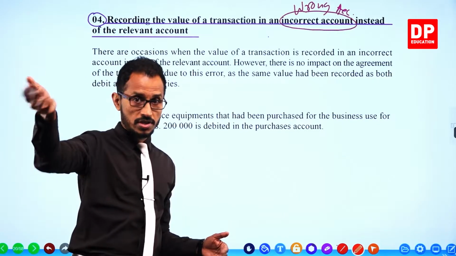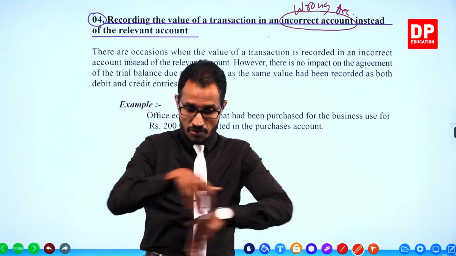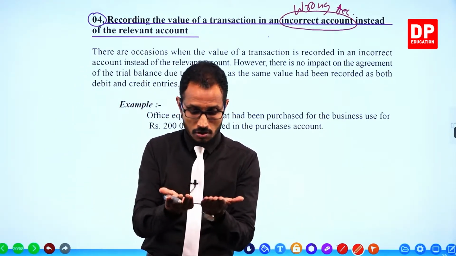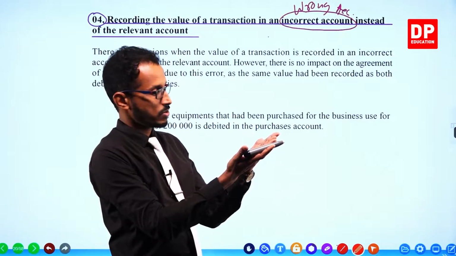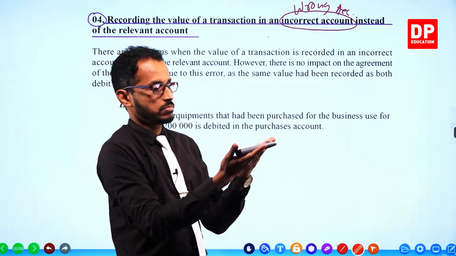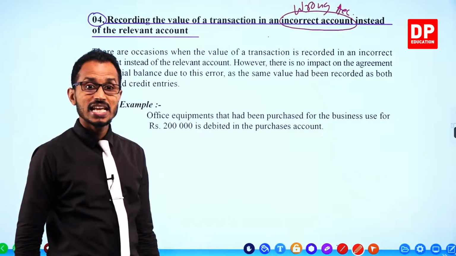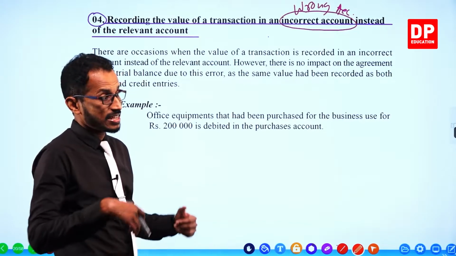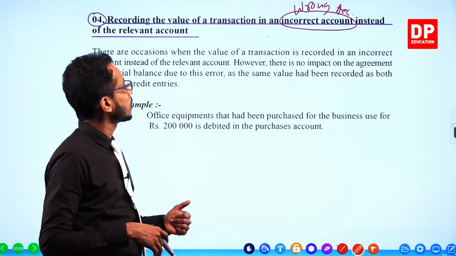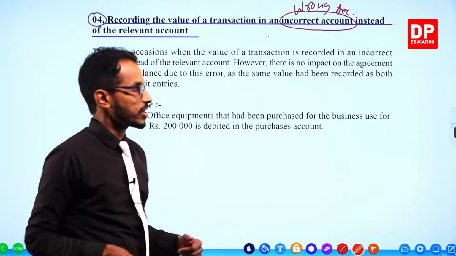When the owners of the business, when the managers of the business refer to our accounts and they see entries in the wrong account, they can be misled. They will take the wrong decision. Yeah, that can happen. So immediately we have to correct.